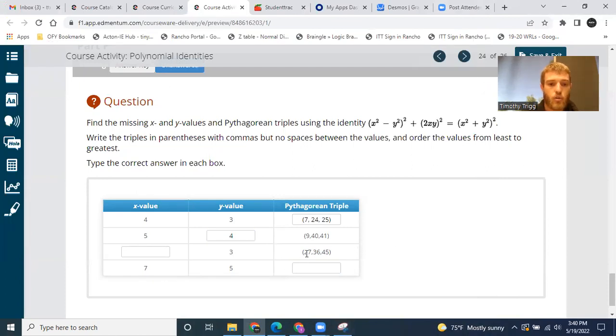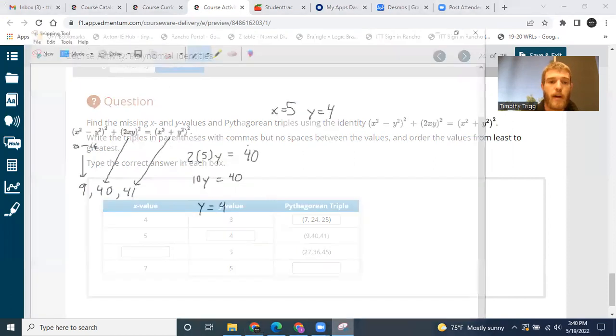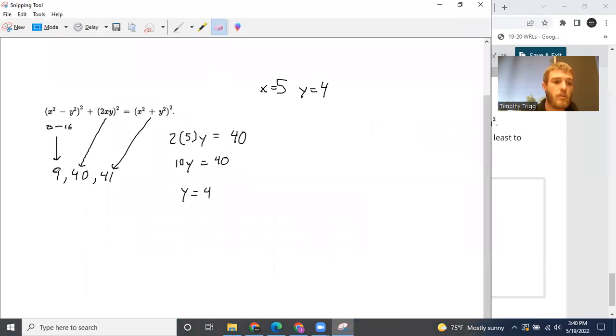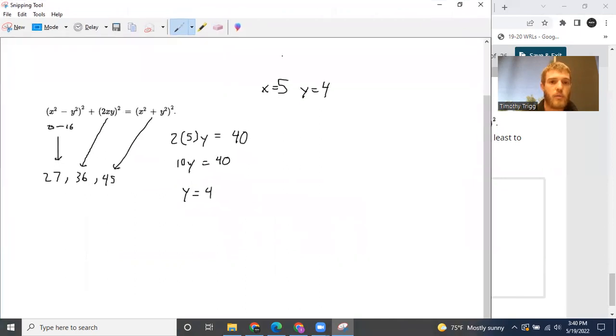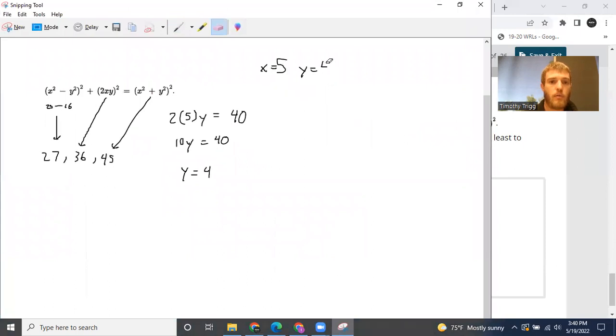Let's do this last group as well. So here they give us the y value of 3, and then we have 27, 36, 45. So here we don't know the x value, but we know the y value is 3.